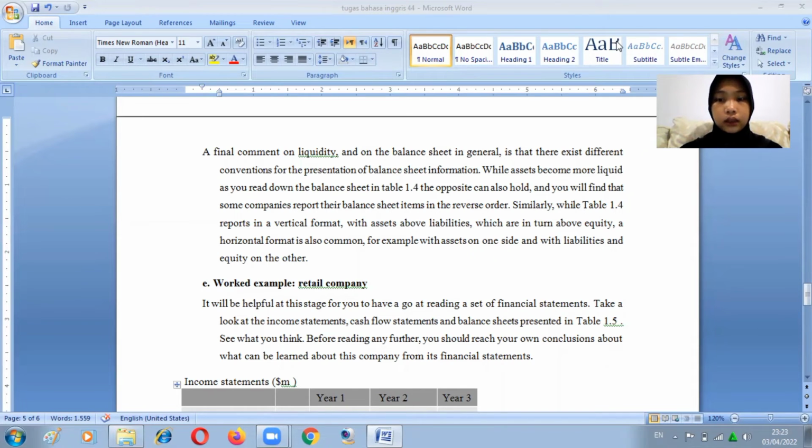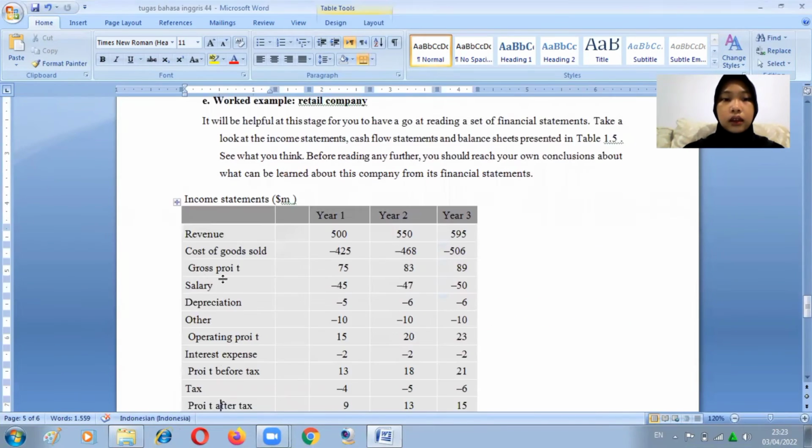Similarly, while table 1.4 reports in a vertical format, with assets above liabilities, which are in turn above equity, a horizontal format is also common, for example, with assets on one side and with liabilities and equity on the other.